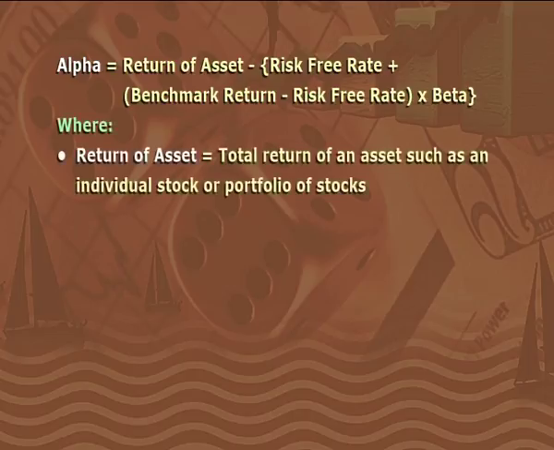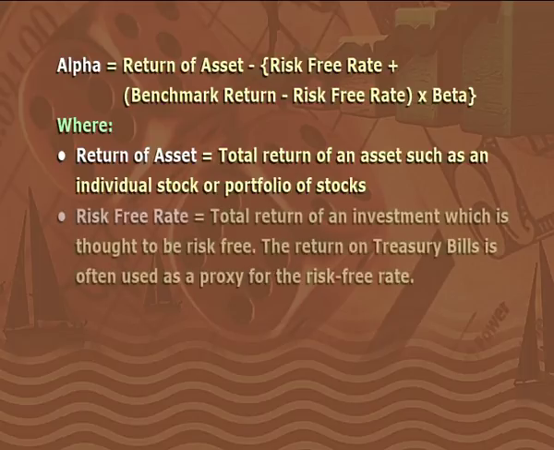Return of asset is equal to total return of an asset such as an individual stock or portfolio of stocks. Risk-free rate is equal to total return of an investment which is thought to be risk-free. The return on treasury bills is often used as a proxy for the risk-free rate.